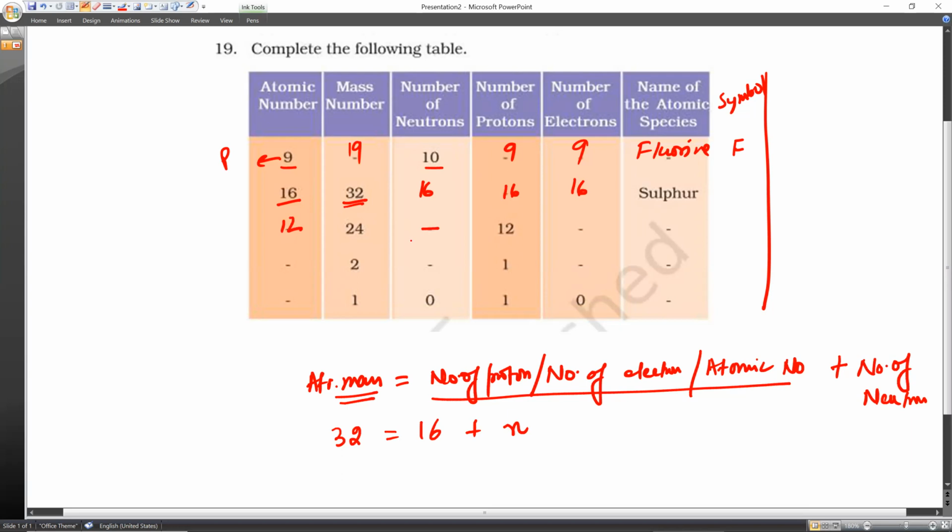Then this one is 12, this one is 12. And what is the name of this one? Magnesium. Yes, Mg, magnesium. Do this one.